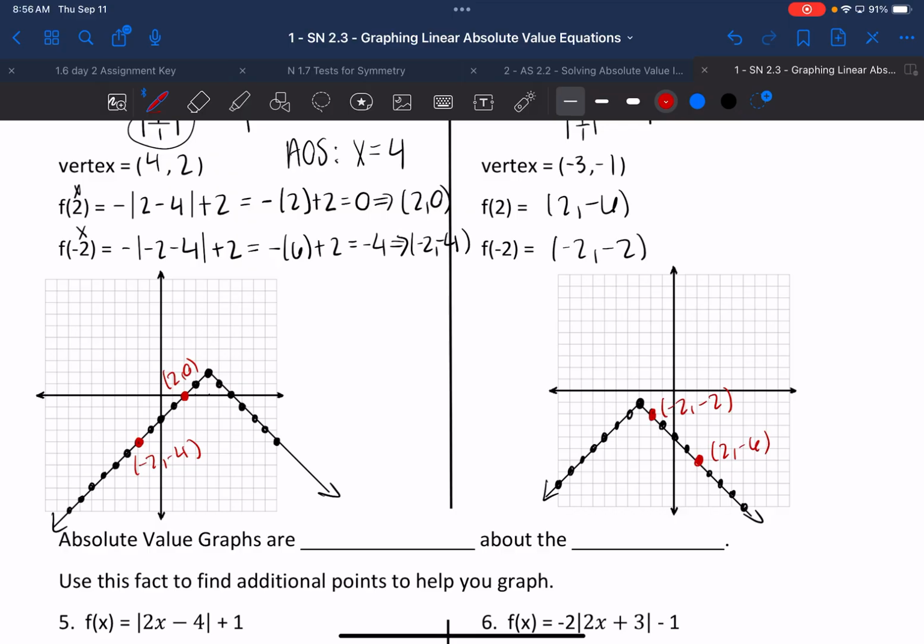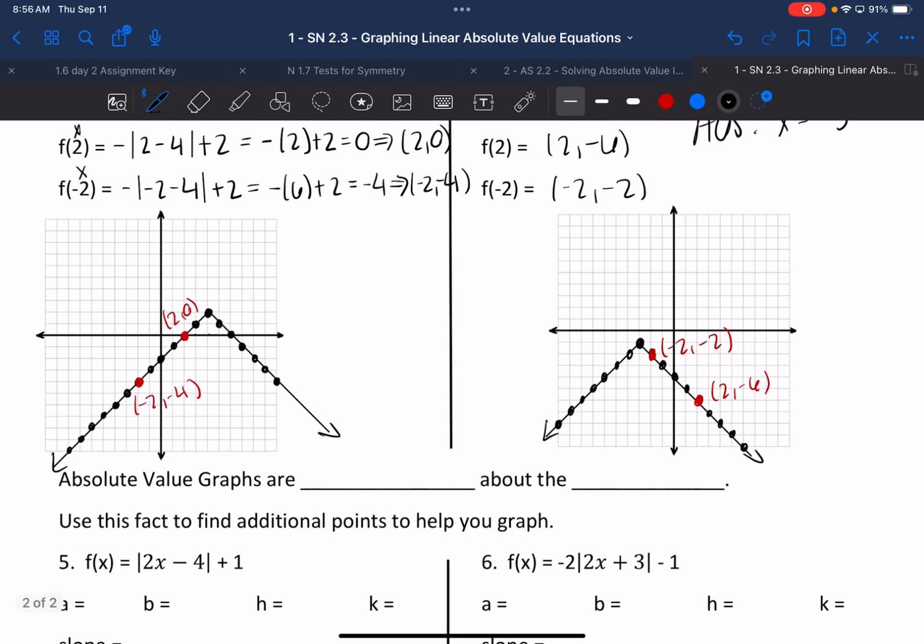Good. And where did you guys say that our axis of symmetry was for this one? -3. Good. Okay. So now that we've graphed a few of them, it's definitely safe to say that they're always going to have that axis of symmetry, right? They should always have somewhere we could fold them in half and match up.